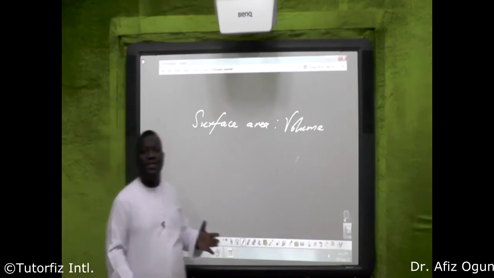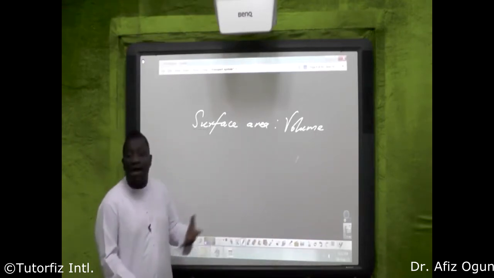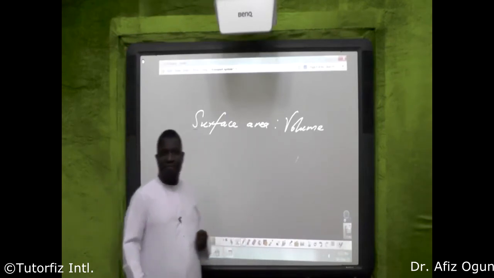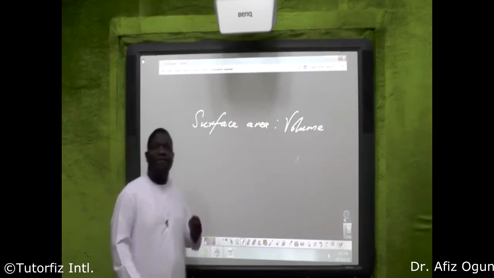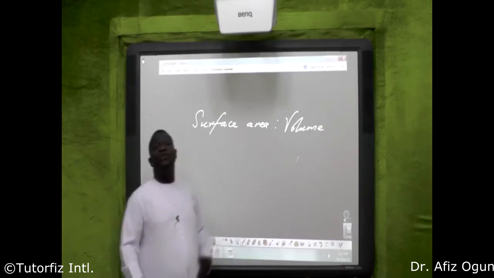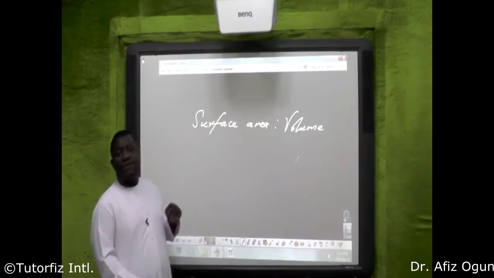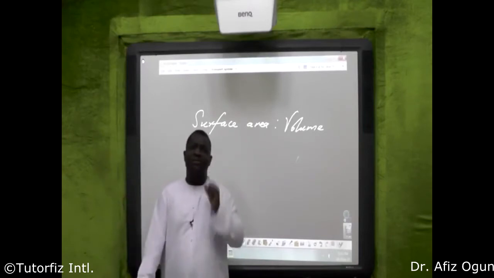And when you look at you and I, the elephant and the kangaroo and the rats and the rabbits and the giraffe and the lions, we mammals, you will find that our volume is so big compared to the surface area of our body. So the bigger an organism is, the lower the surface area and the larger the volume.